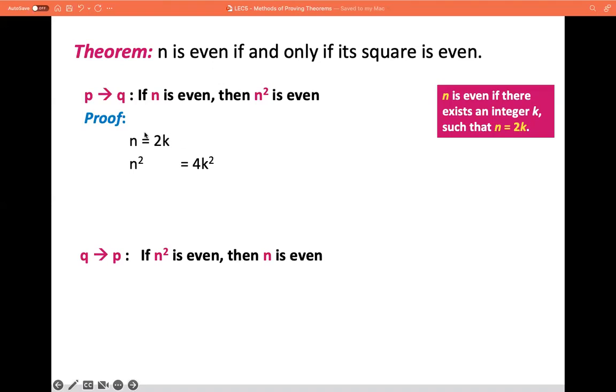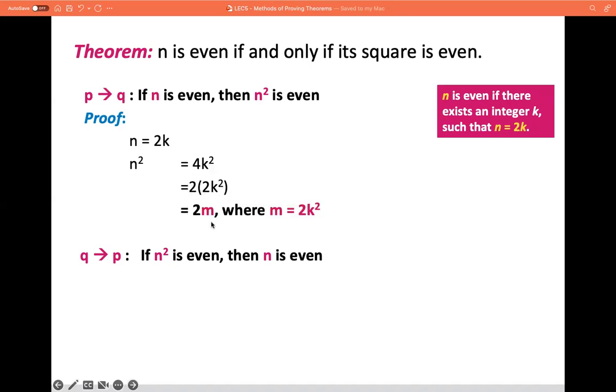Using the assumption that n is even, let us try to prove that n squared is indeed even. Taking the square of both sides, we have n squared is equal to 4k squared. We can rewrite 4k squared as 2 times 2k squared, or factoring out the 2.